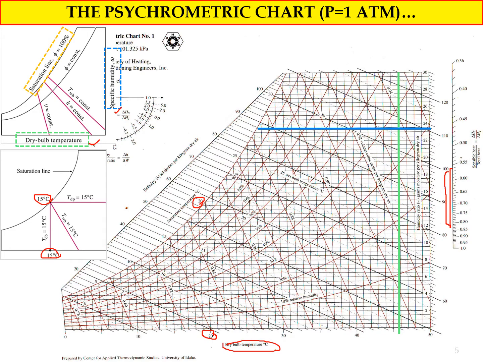And then we have this saturation line at the 100% of relative humidity. This orange line shows the relative humidity, the saturation temperature line. At this line, the relative humidity is 100%. As you can see, this is 90%. So this one is the 100%.